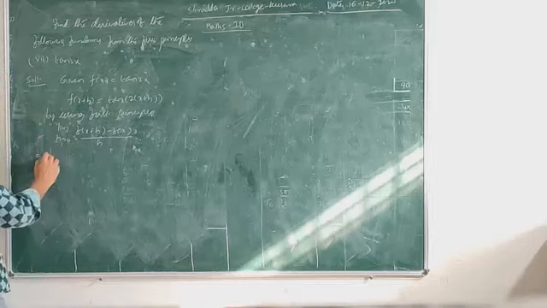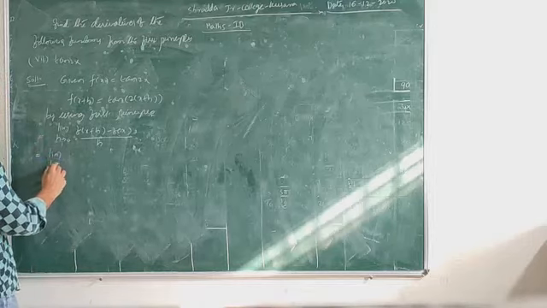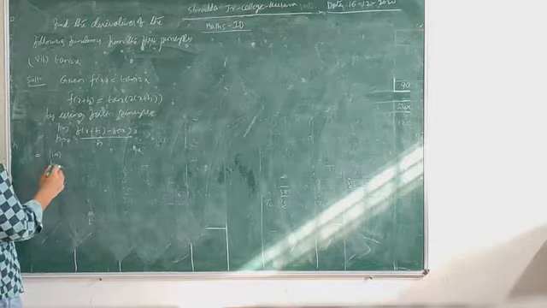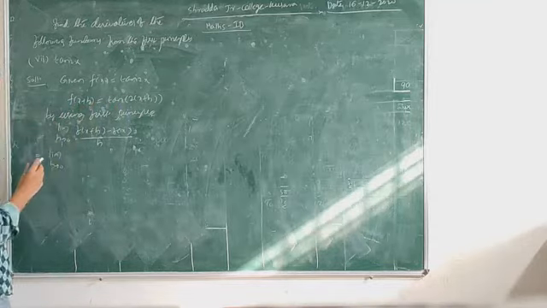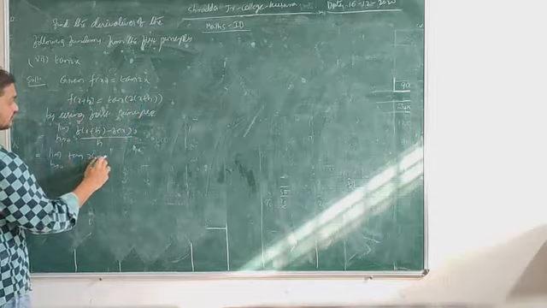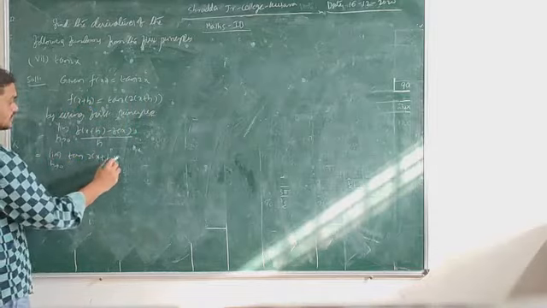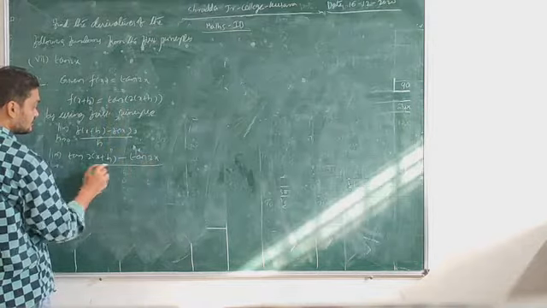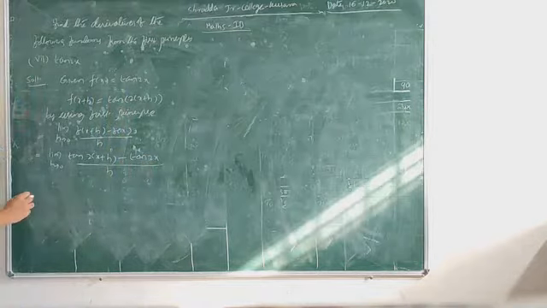Now see here, limit h tends to 0, f of x plus h means tan of 2 into x plus h, minus f of x, tan 2x, by h.